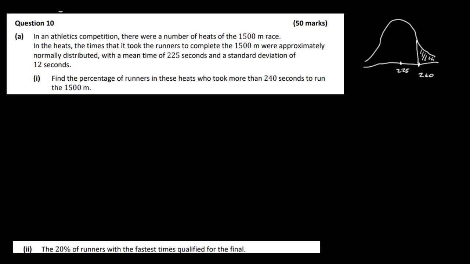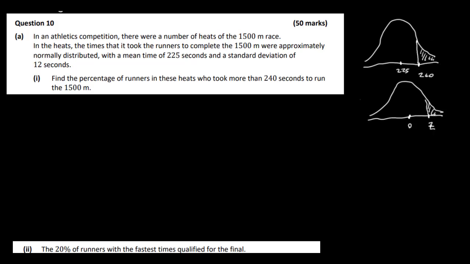So what we need to do really is just convert this 240 to a z-score and go from there. So we need to standardize, in other words, our graph here. So this would be 0 here, and we want to work out what this z-score here is going to be, which is equivalent to this region of the graph here.